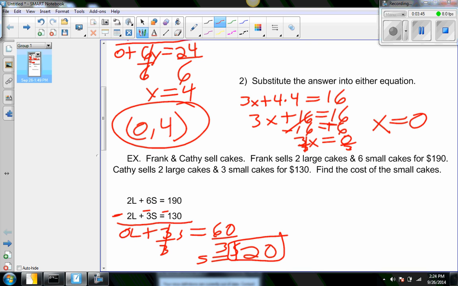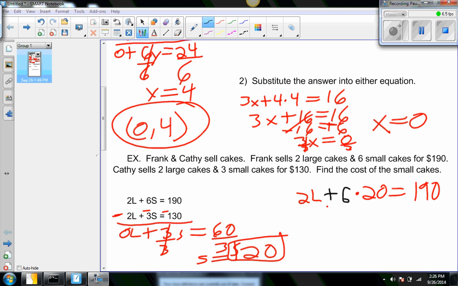You can check it by plugging it back in, right? So if I wanted to do that, I would go 2L plus, so if I have 2L plus 6 times 20, because I'm plugging 20 in, I can just finish solving it.